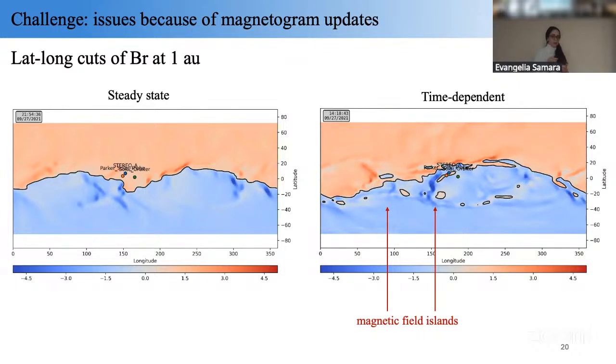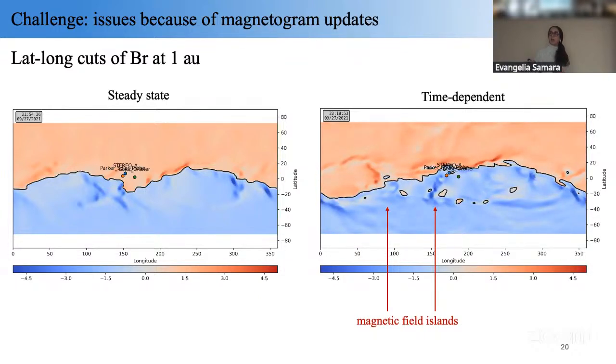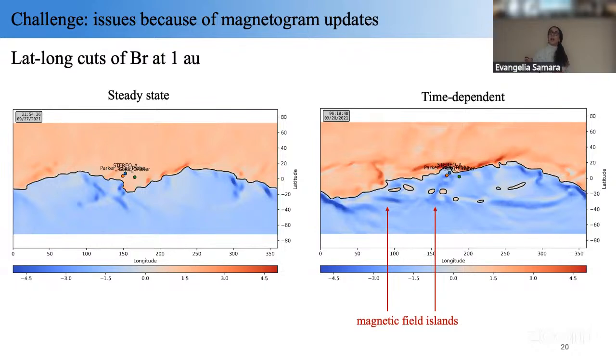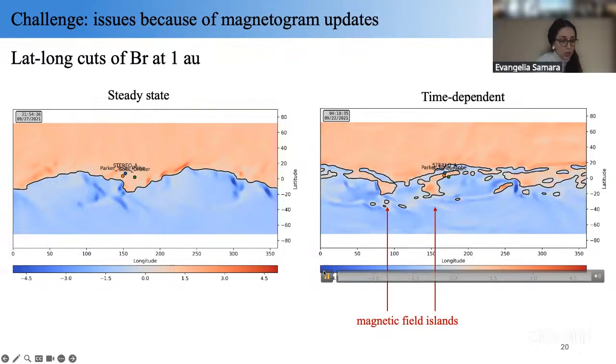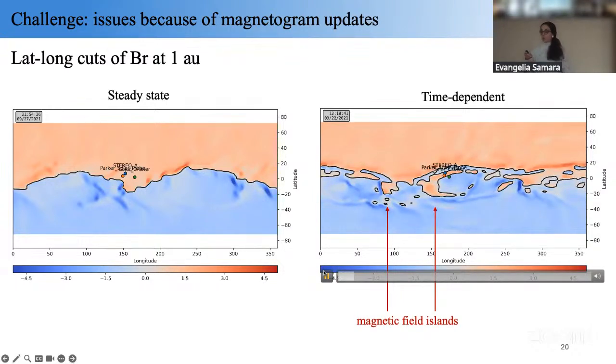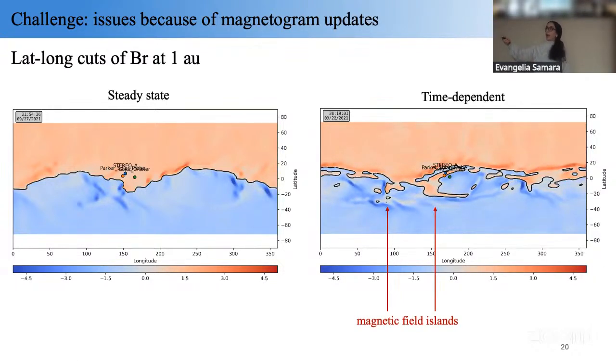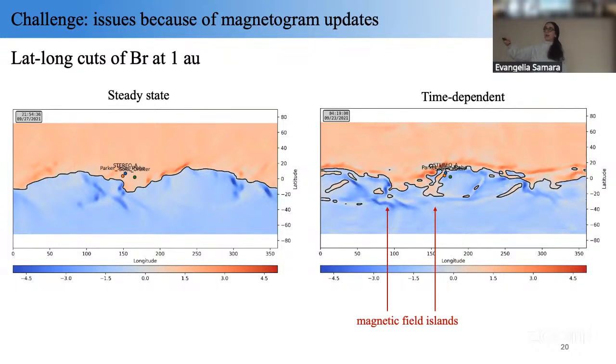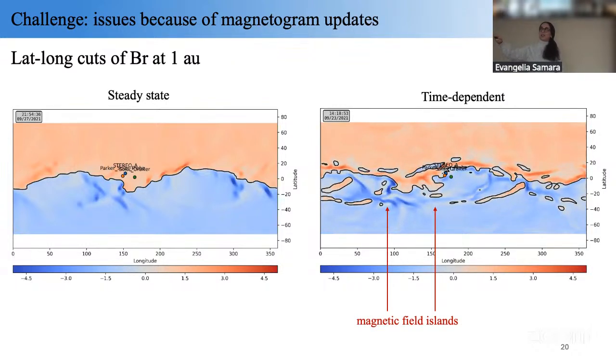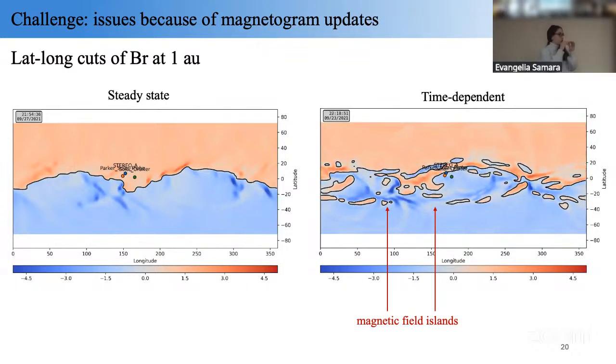And the artifacts that I was trying to explain are actually these so-called magnetic field islands that are being produced. And they have opposite polarity compared to the polarity of the hemisphere they are projected to. Let me play that again. So this kind of islands here, and you see the heliospheric current sheet, it is really structured.